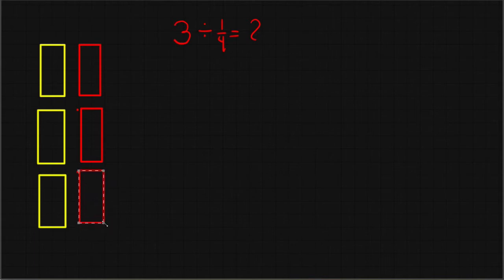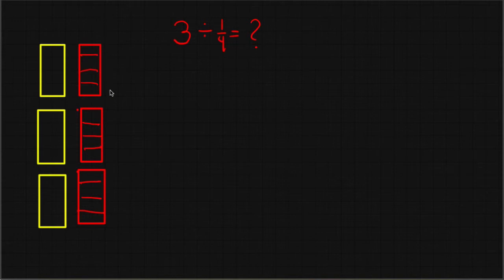And what I'm going to try and do with this model is see again how many fourths I can take away from 3. So I'm going to start cutting these into fourths. 1, 2, 3, 4. 1, 2, 3, 4. 1, 2, 3, 4. 1, 2, 3, 4 pieces.